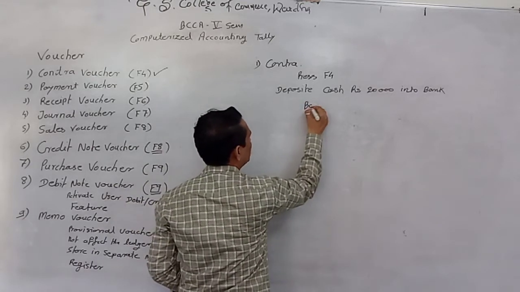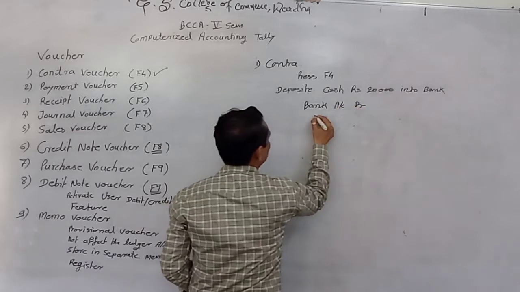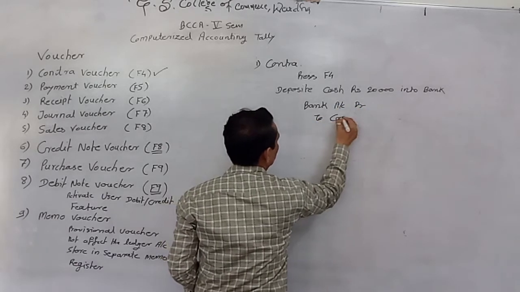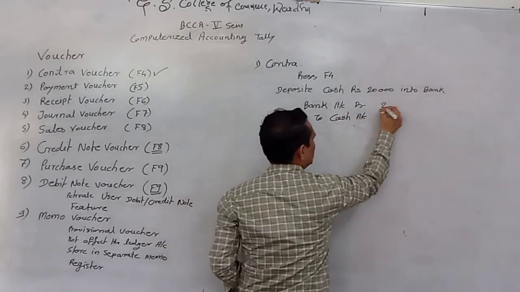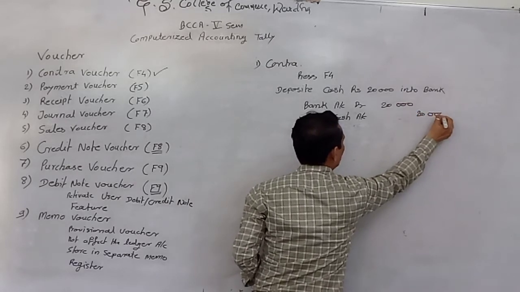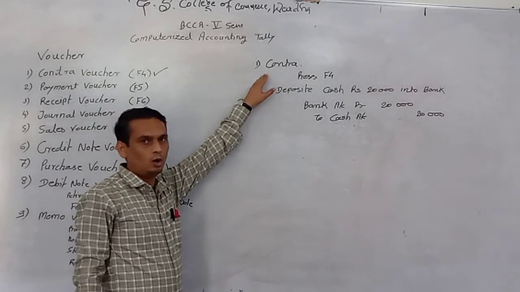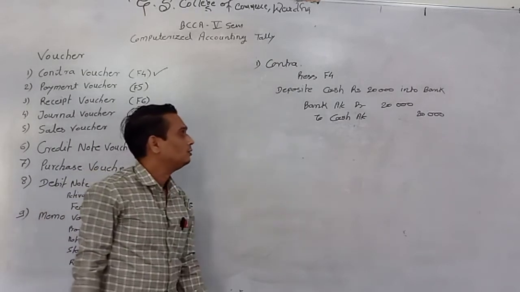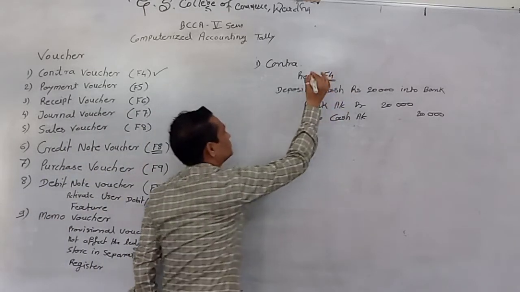So bank account debit to cash account, 20,000 rupees. This type of transaction can be recorded in a contra voucher, and the key for the contra voucher is F4.